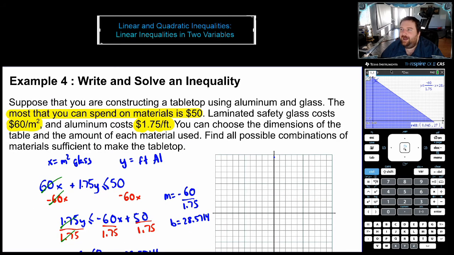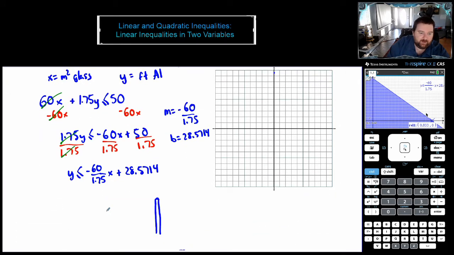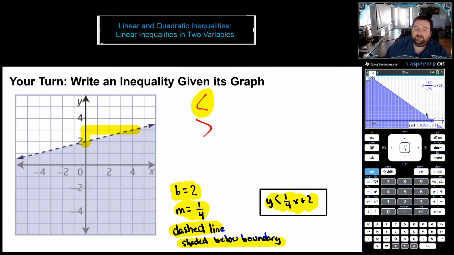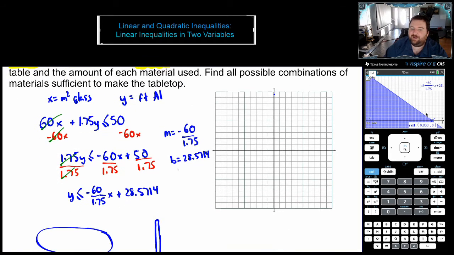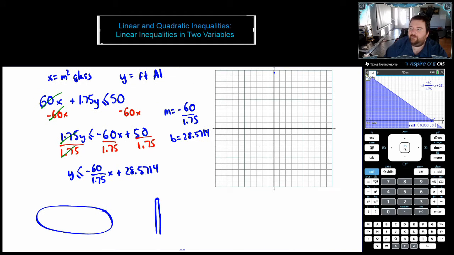And again, the further to this side I go, now I have very large glass, but no aluminum. So this is basically just a panel of glass with no aluminum, and that's obviously not going to work. And if I go just a little bit to the left here, so like there, now I have 0.715 meters squared of glass.